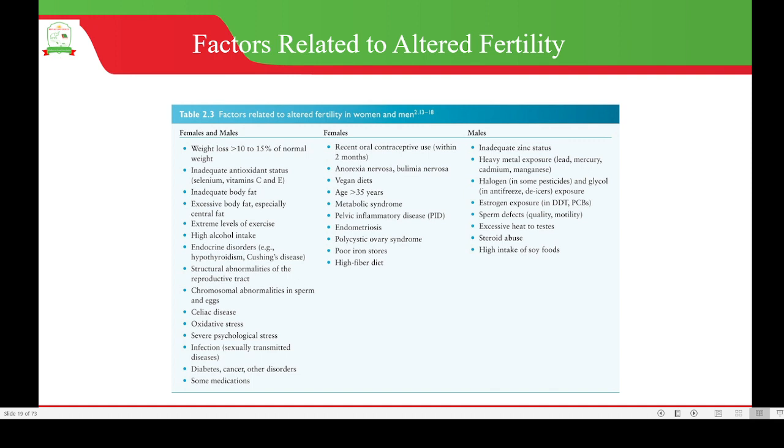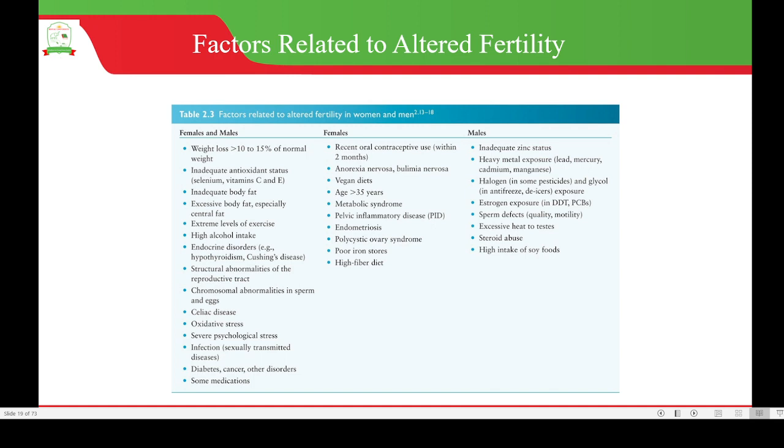Celiac disease, oxidative stress, severe psychological stress, infection, sexually transmitted diseases, and then some chronic conditions, for example, diabetes, cancer, and other disorders. There are some medications that may also alter the fertile cycle.